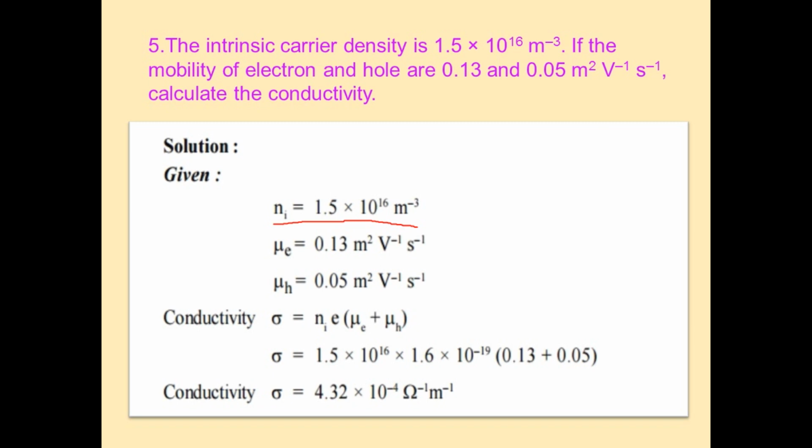Next one, fifth one. The intrinsic carrier density is 1.5 into 10 power 16 meter power minus 3. If the mobility of electron and hole are 0.13 and 0.05 meter square volt inverse second inverse, calculate the conductivity.